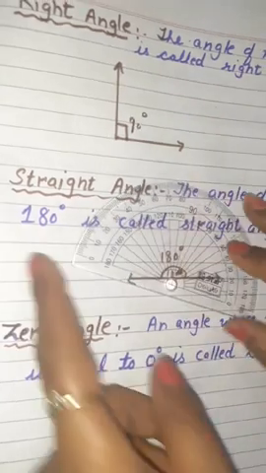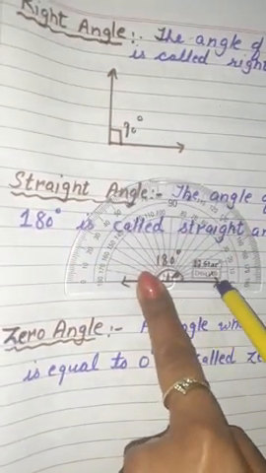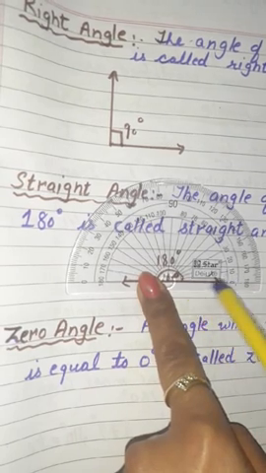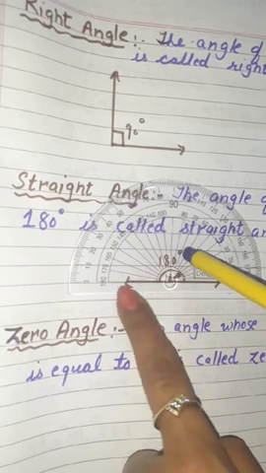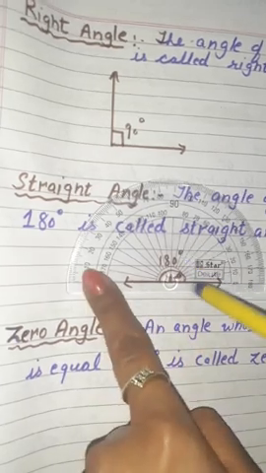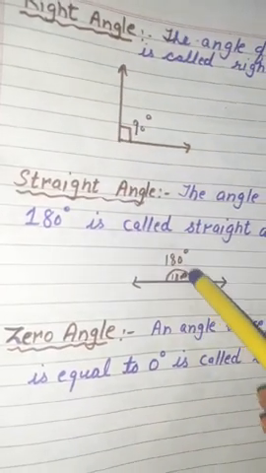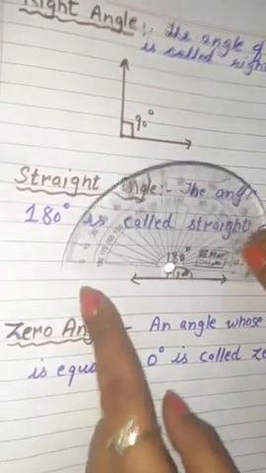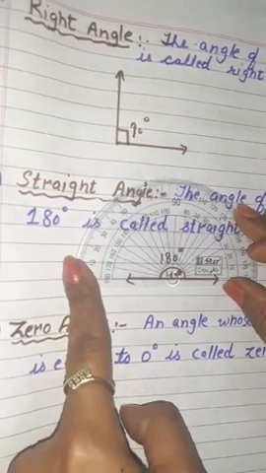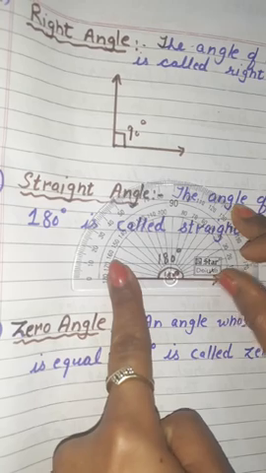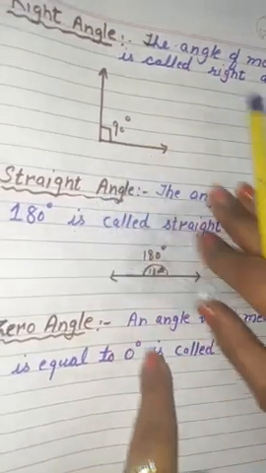When we measure it, the first ray joins with 0 here, and the second ray is pointing towards 180, so it is 180 degree. We also call it the angle of a semicircle. Semi means half of the circle, so the angle of half of the circle is 180 degree.